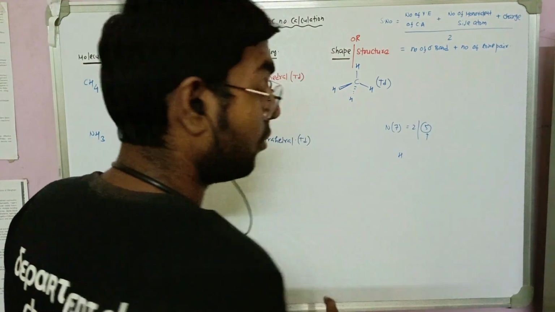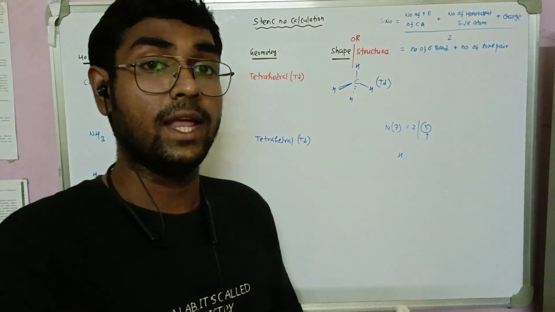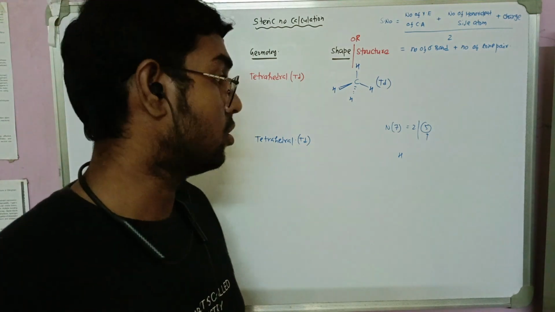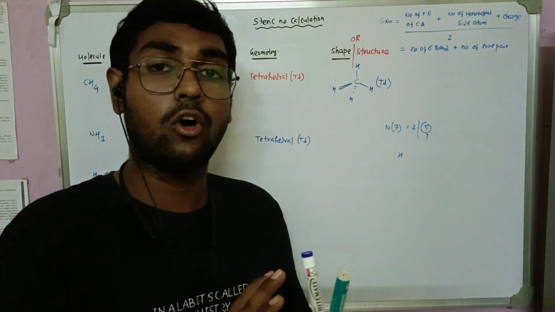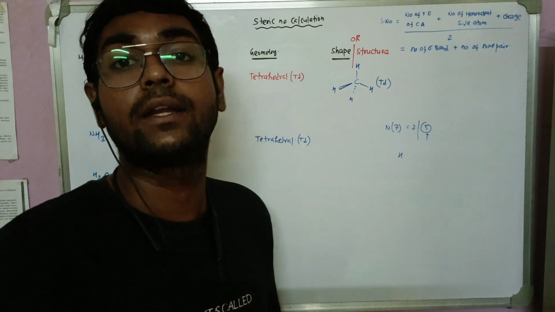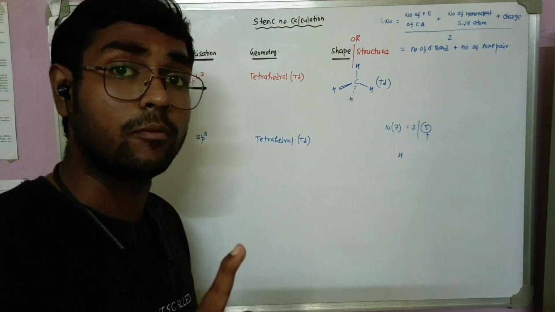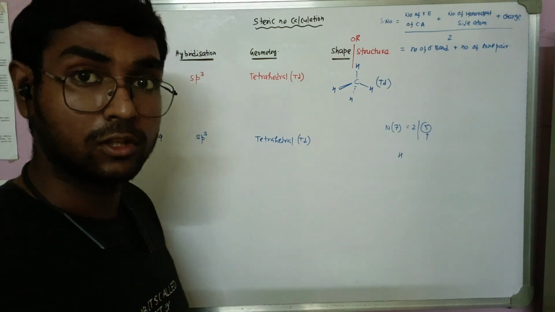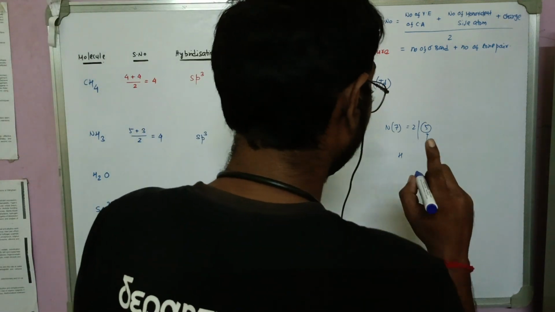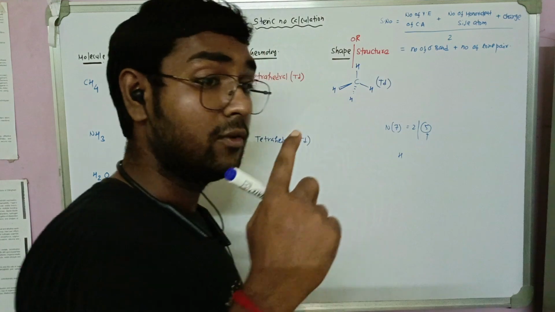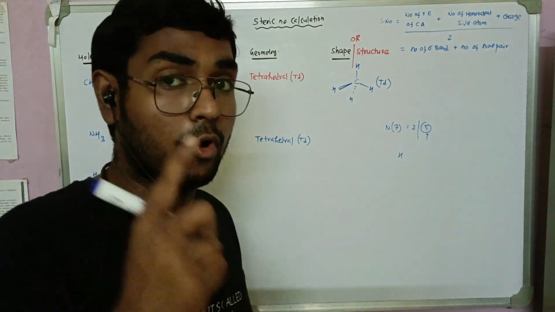So whenever we have to find out the number of lone pairs on the central atom, we have to consider all of the side atoms, whether it is monovalent, bivalent, or trivalent. We have to consider all, because all are forming bonds with the valence electrons of the central atom. We have to consider the valence electrons which are being utilized in order to form the bonds.